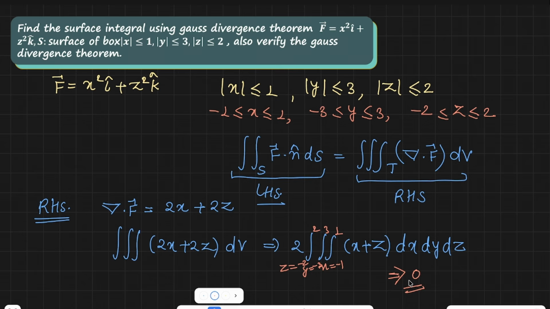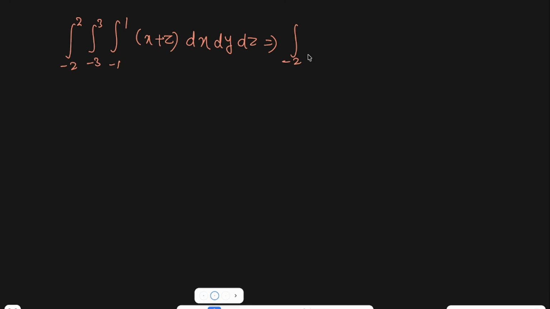It's very easy. Let me solve it completely. The solution is basically the integral from minus 2 to 2, minus 3 to 3, and minus 1 to 1 of x plus z dx dy dz. First you integrate with respect to x. So minus 2 to 2, minus 3 to 3, this is x square by 2 plus z into x from minus 1 to 1, dy dz.